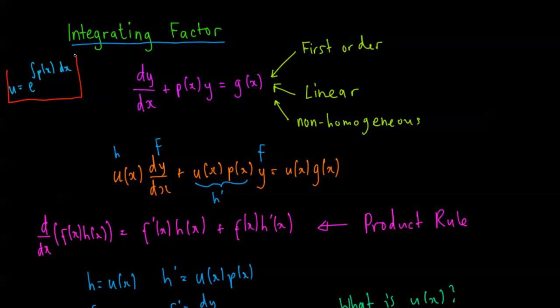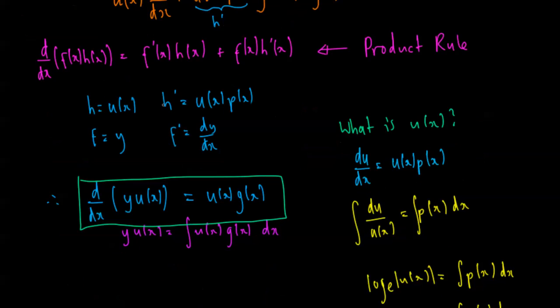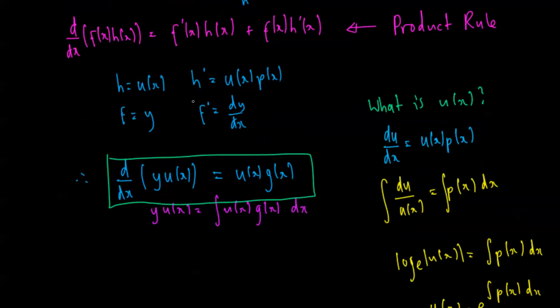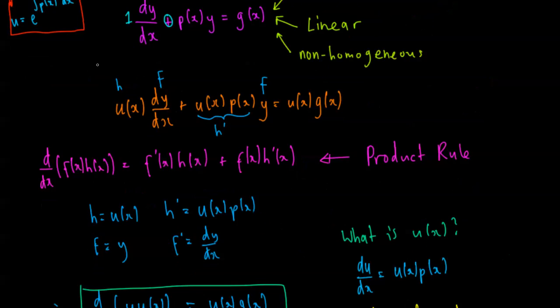So we find the integrating factor u by looking at the coefficient of y, p of x. Two things we've got to make sure of is that this is a plus, so if it was a minus, that would go into the function p of x, and the coefficient of dy/dx is 1. So that is where the integrating factor technique comes from.